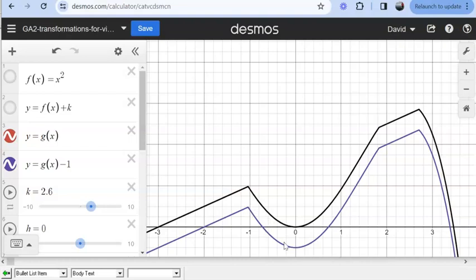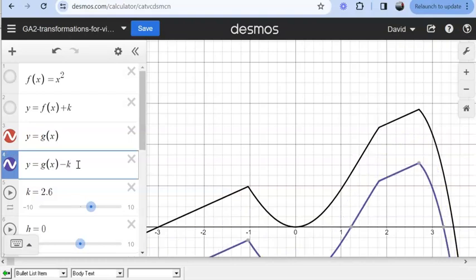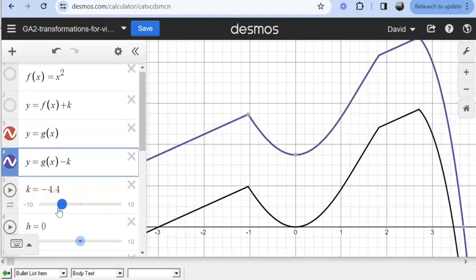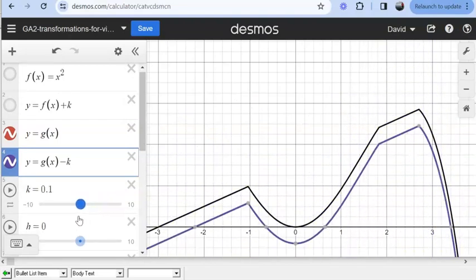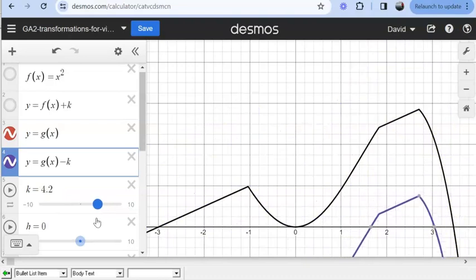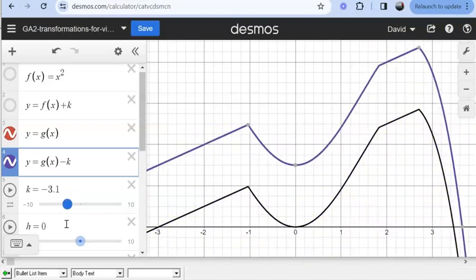It's going to take that point down, that point down. The 0 goes to just a minus 1. Everything just goes down. And if I put it on the slider, then it'll animate in the same way. So when I've got an add or subtract outside the function, then I'm going to be doing a vertical shift.